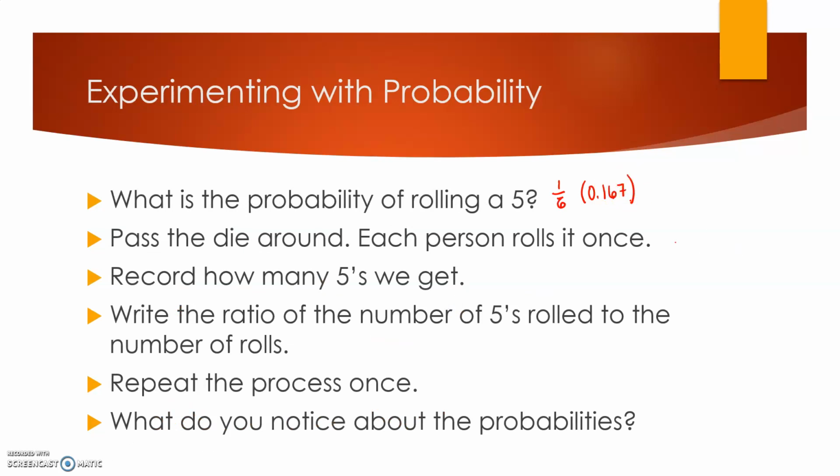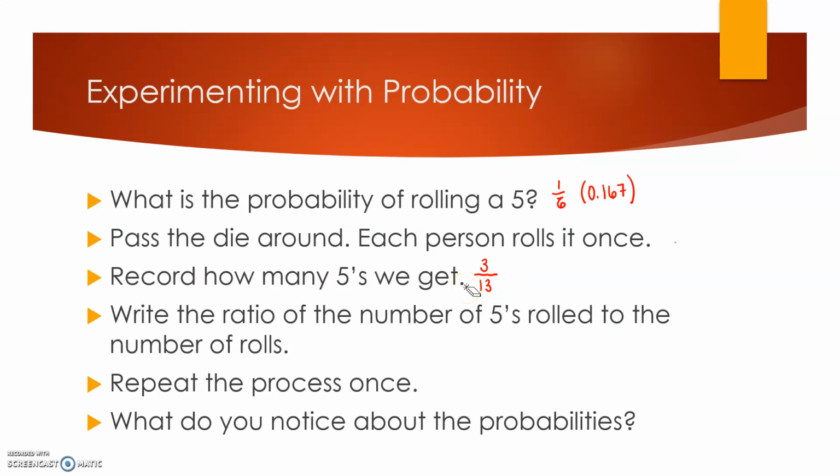But then what we would do in class is pass the die around, and each person rolls it once. So we have, if you include me, 13 people. Maybe out of 13 people, we'd get 3 people rolling a 5. I'm just throwing out a number there.